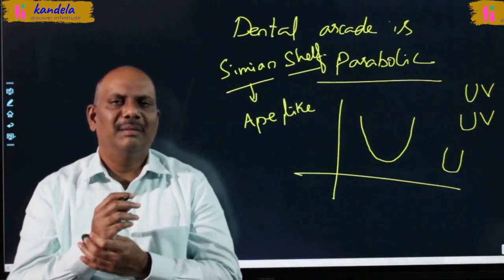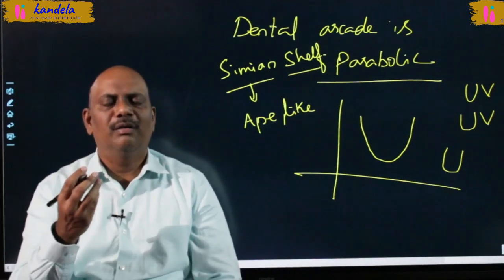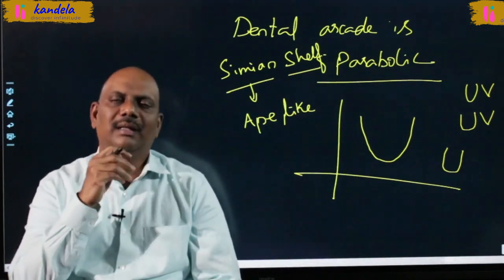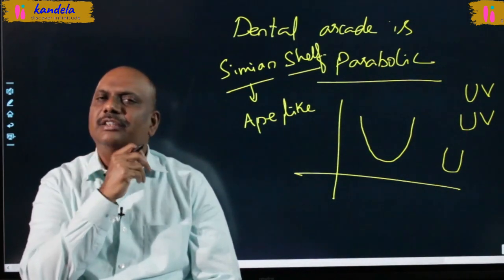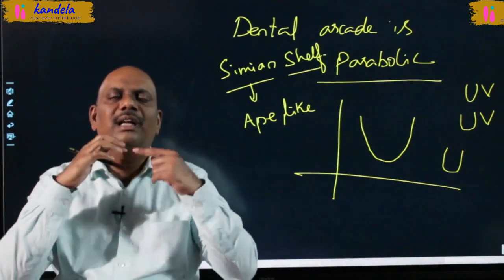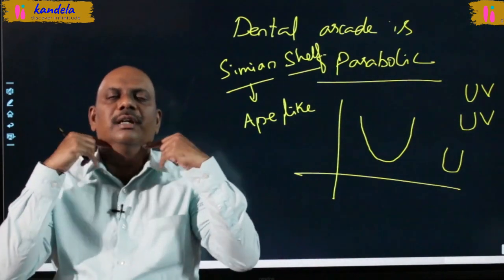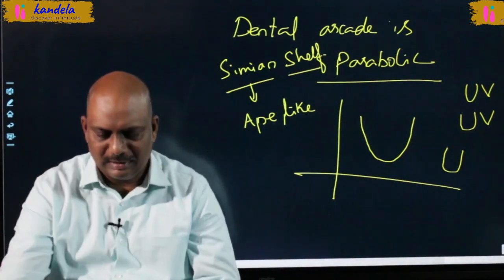Similarly, simian shelf means it is a shelf-like bone found in our lower jaw. It is found here in this region. So this region is largely boneless for us, and here this bone extends down like a shelf. I'll show you. Try to have a look at this picture.